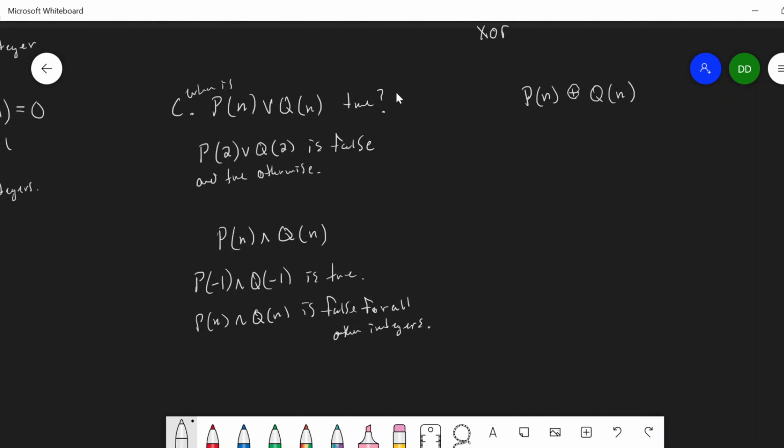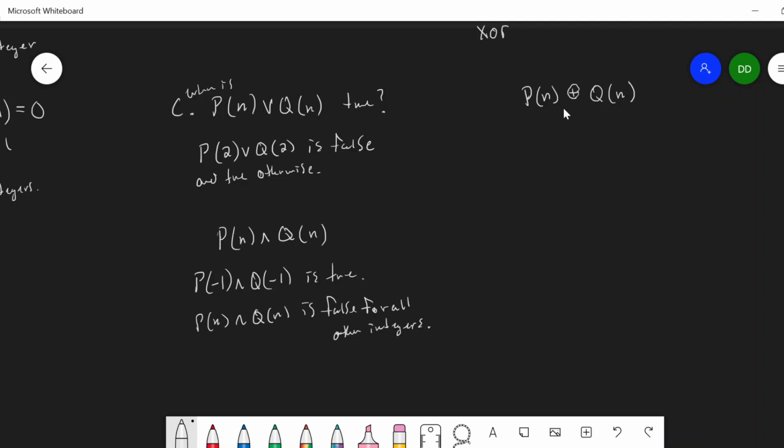So let's see. P of n or Q of n was true for everything except for 2. So that's where I start: everything except for 2. But then I don't want both of them to be true. I need P of n and Q of n to be false.